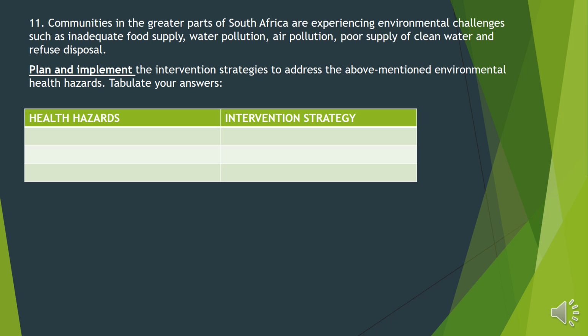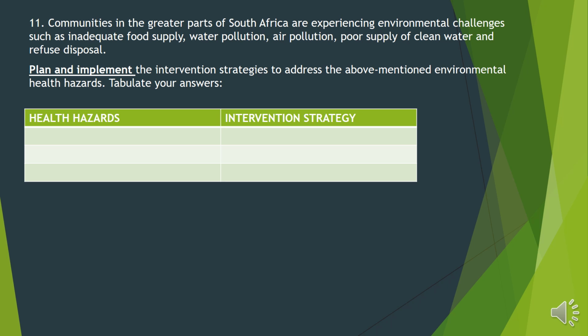Some examples of intervention strategies can be just a simple health education on how to prevent illnesses, or maybe the spread of illnesses within a community. So you can plan the health education and then implement it. Another one that they mentioned is advocating resolution measures.